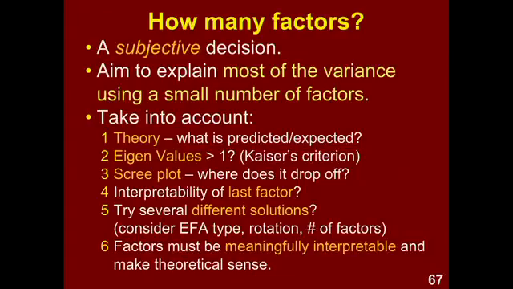If you can't make sense of the last factor, it probably doesn't exist, so come back to one less factor. So what you'll be wanting to do is looking at factor models one above and one below what you think you've got. So if you think it's 5, have a good look at 6, have a good look at 4 before you settle on 5 being your preferred solution.